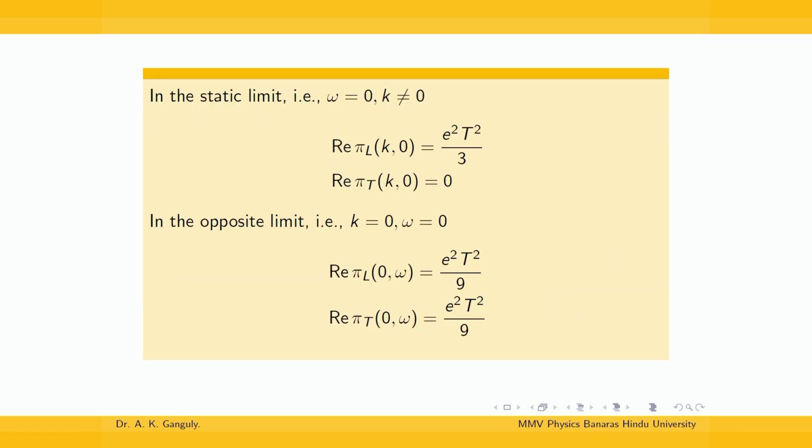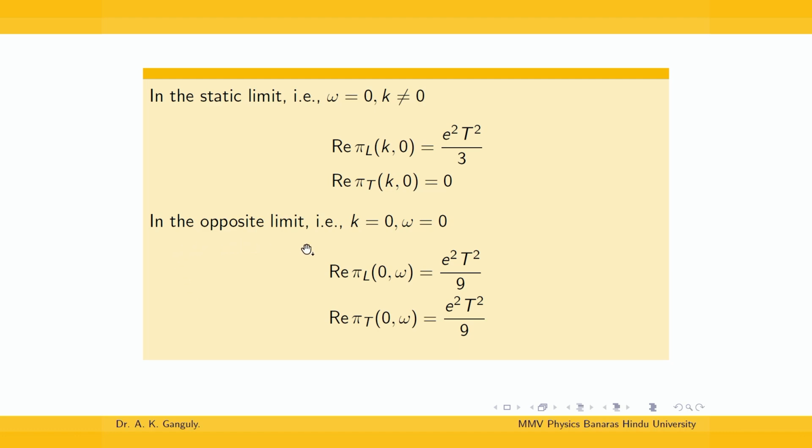In the static limit, they give the expressions that I have given here, that real part of pi L, that is a longitudinal form factor. It is quadratic in temperature, and the transverse part of the form factor vanishes.